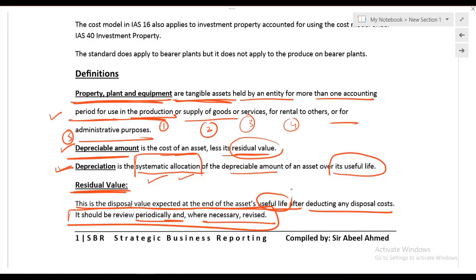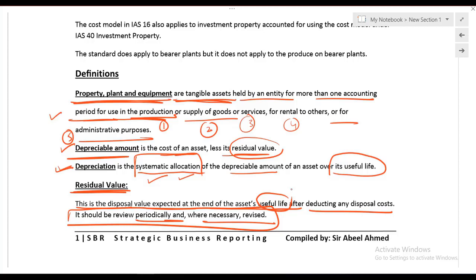For example, let's say your organization has bought property, plant and equipment and has installed it as well, and now the plant is ready to use, but the organization is unable to use it because before using the plant, it has decided to give training to the employees for 3 months. Now the actual use of the property, plant and equipment will start after, let's say, 3 months.